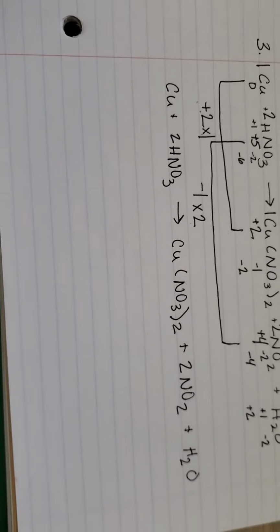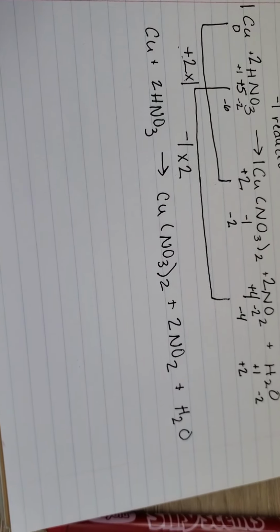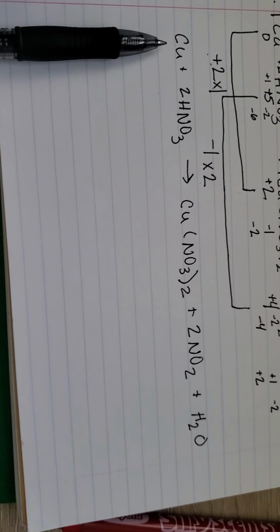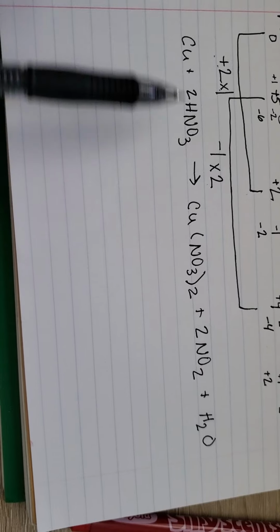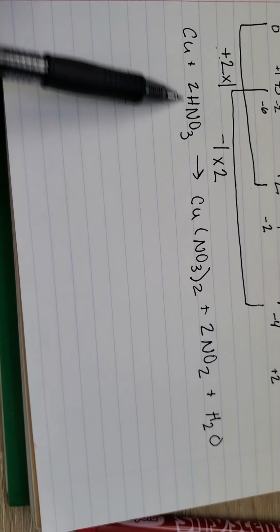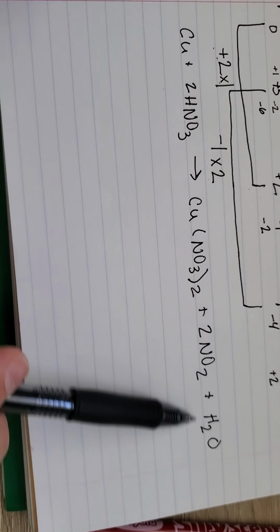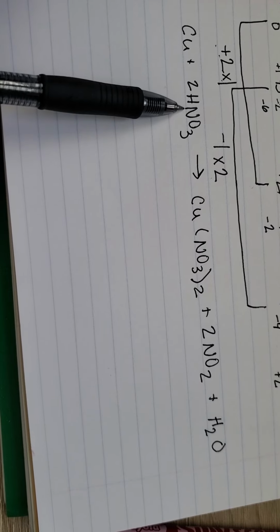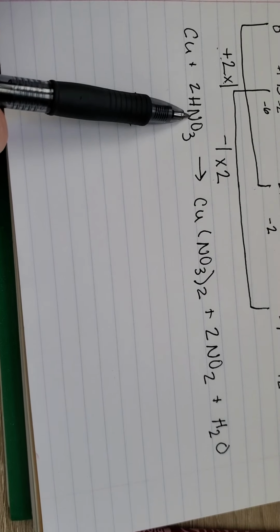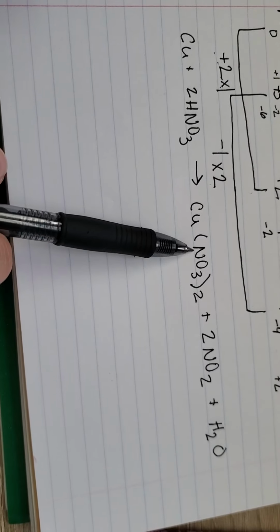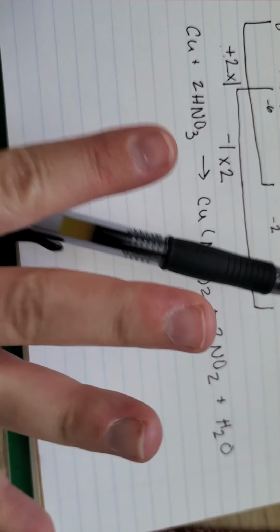All right, so now we're going to figure out how many of each side has. So I can see that my coppers are good. All right, so I have 1 and 1. Now looking here, I have 2 hydrogens and 2 hydrogens. So we're good. Now look at my nitrogens. I have 2 nitrogens and I have 2 nitrogens plus this 2 nitrogens. So that's a total of 4.